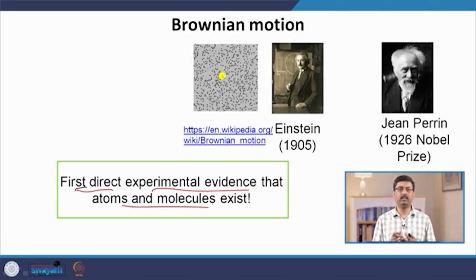They thought it was just a useful mental picture to explain chemistry experiments. But when Einstein and Perrin proposed their explanation of Brownian motion, physicists were forced to accept that matter is not continuous. In fact, it is made up of atoms and molecules.